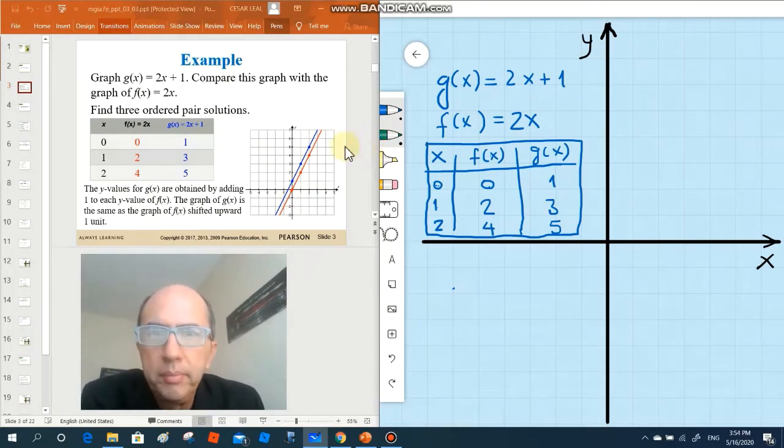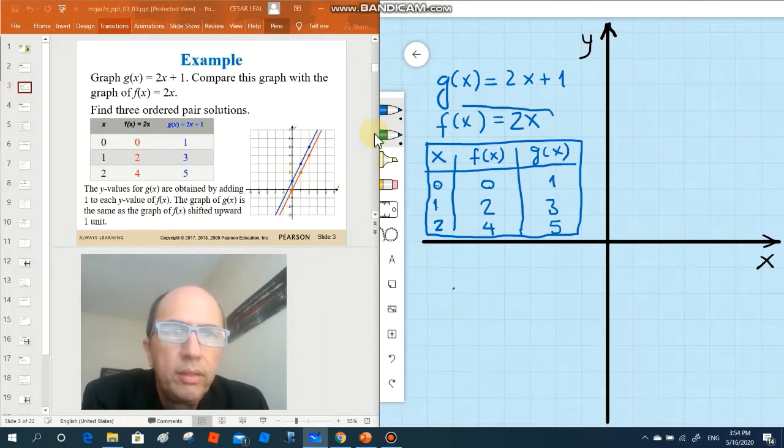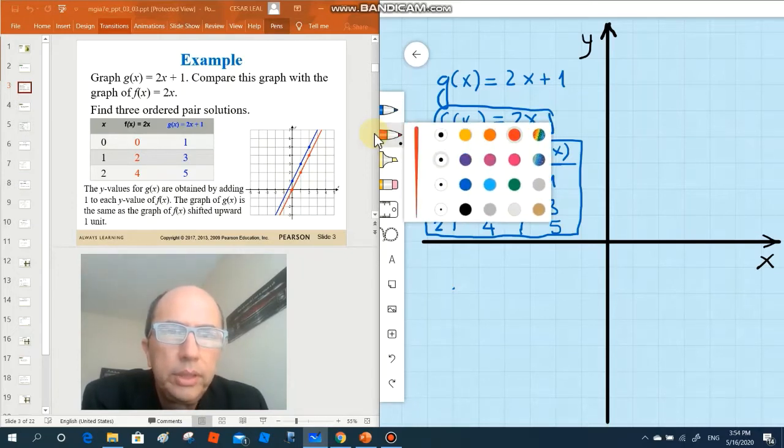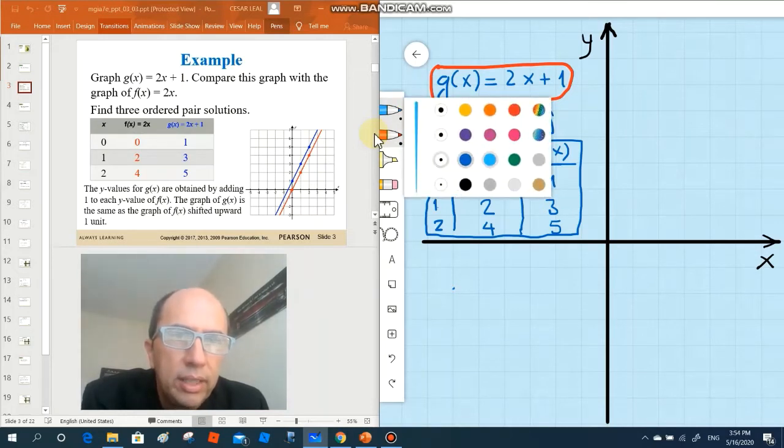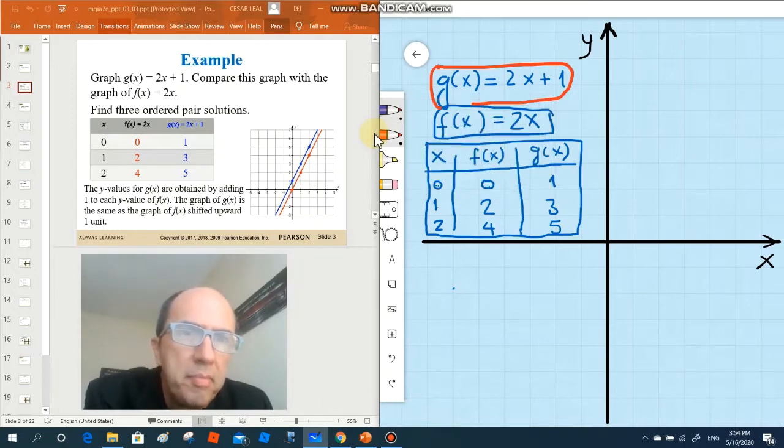Let's do f(x) in blue, and g(x) we will use the red line. Okay, so let's start with f(x). Let's do this one in purple.